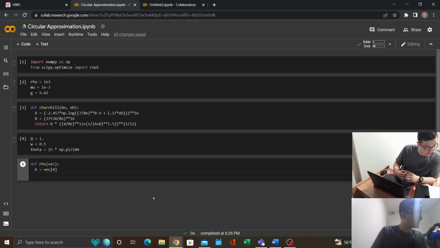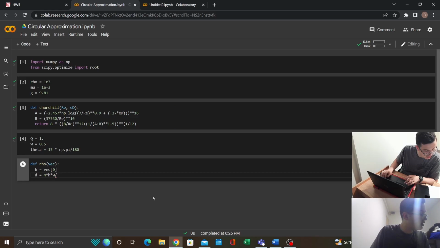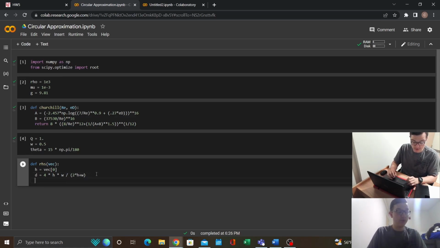Diameter equals 4 times h times w divided by 2 times h plus w. With the diameter, we can also find the velocity. We know that v is equal to Q divided by A, or Q divided by height times width.